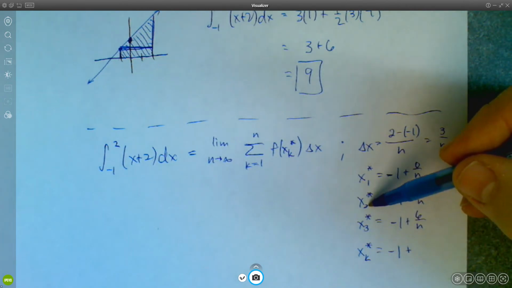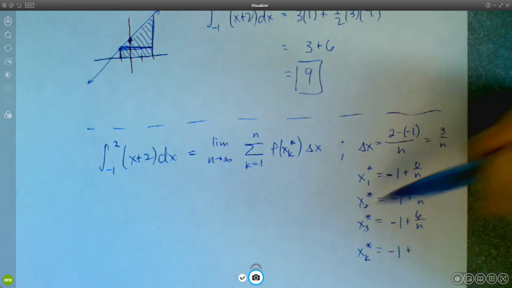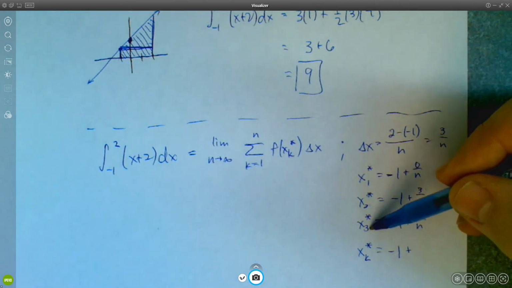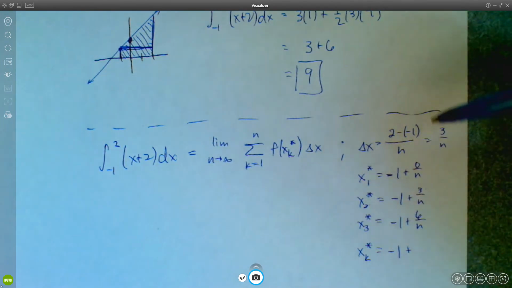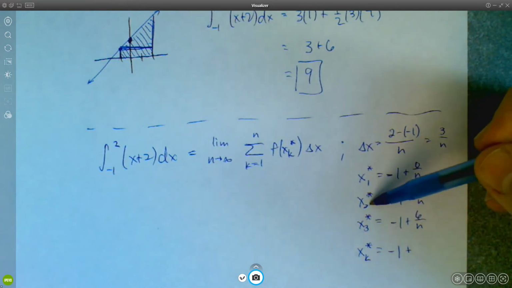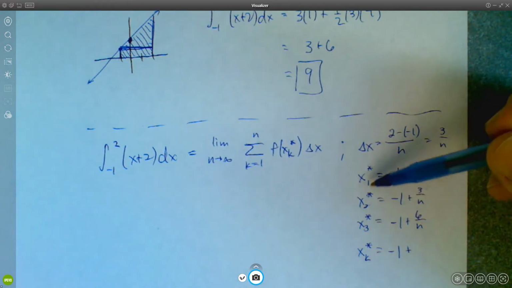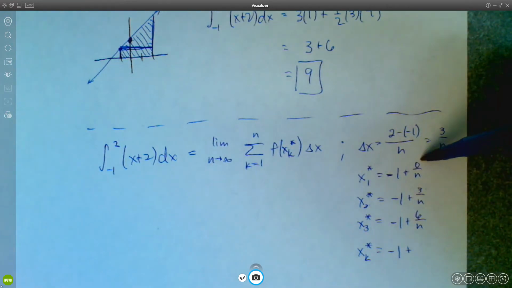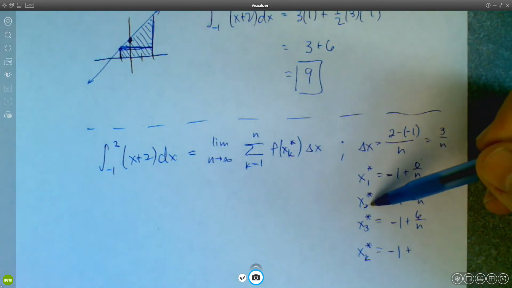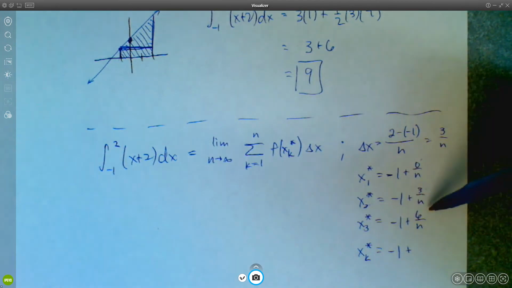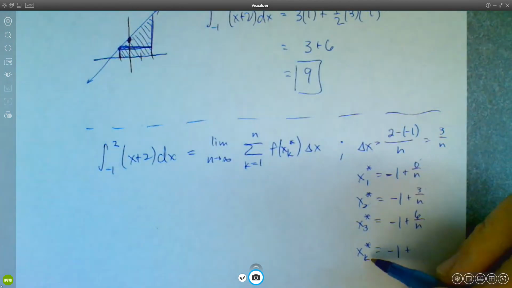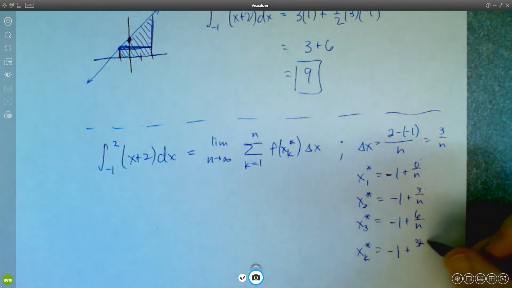We're going up by 3s. 3, 6, so it seems like we're doing 3 times something. I guess it's 3 times the index minus 3, right? 3 times 1 minus 3 is 0. 3 times 2 is 6, minus 3 is 3. 3 times 3 is 9, minus 3 is 6. So that's what it is. It's 3 times the index minus 3.